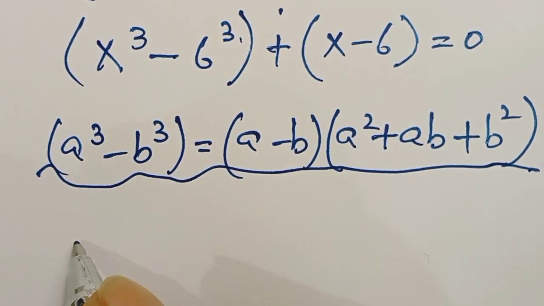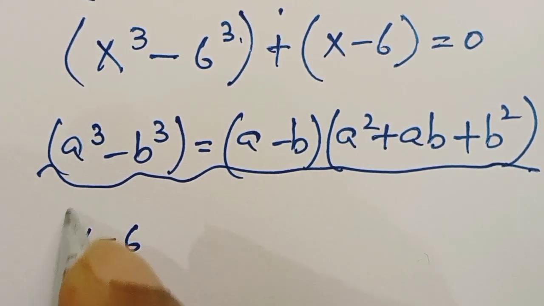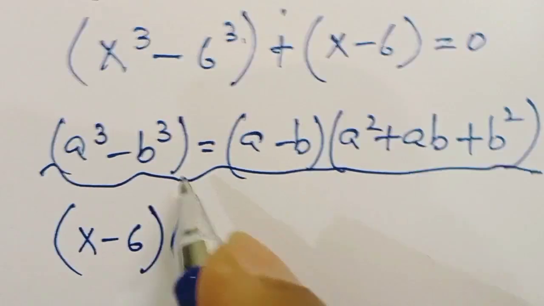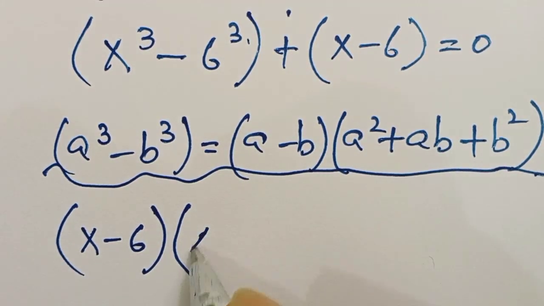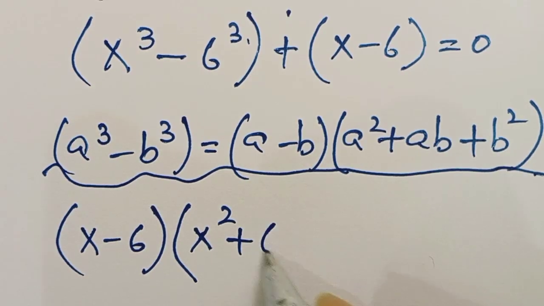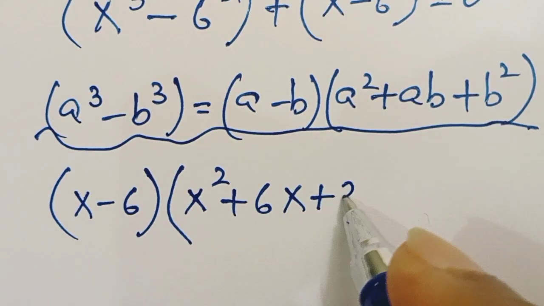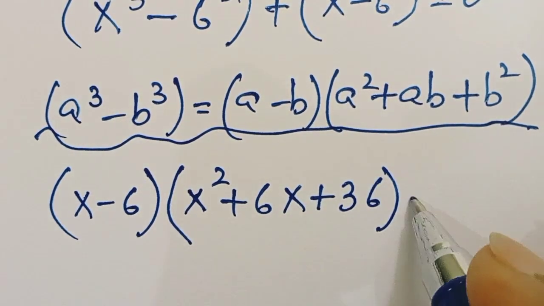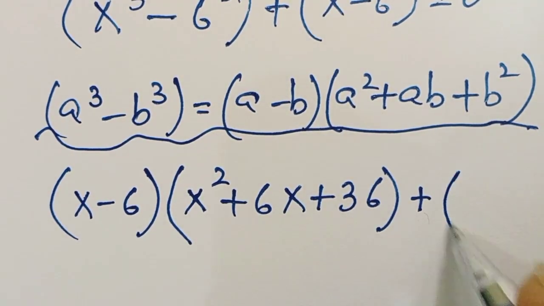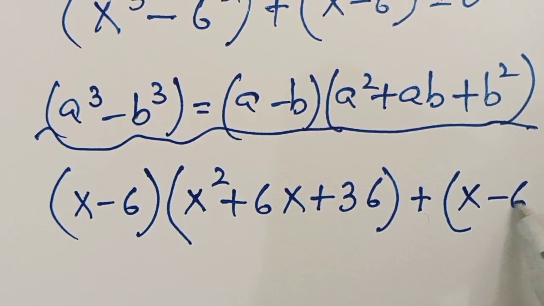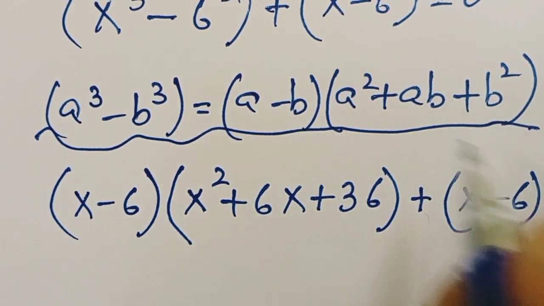So x minus 6, x square plus 6x plus 36, plus x minus 6 is equal to 0.